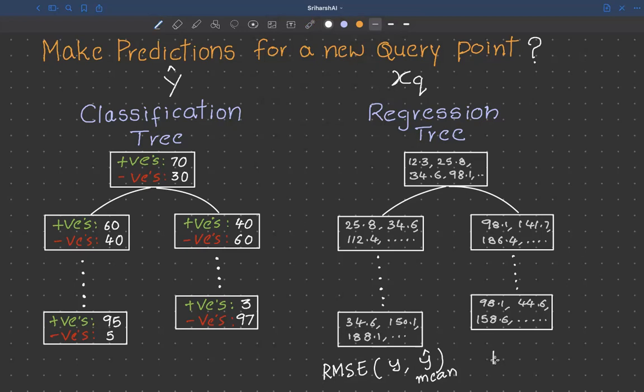Let's also compute the root mean squared error for the same point, y and y hat, but here, instead of computing y hat using the mean, I compute y hat using the median. When you do this, you always see that the error rate will be less for the mean than for the median. Because of this reason, we always aggregate the leaf node values using the mean. Okay, thank you.